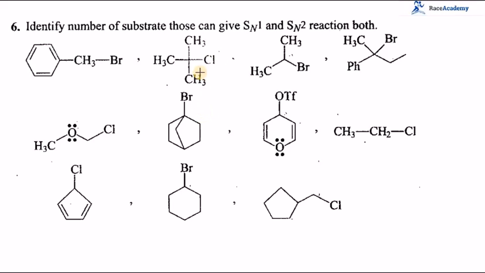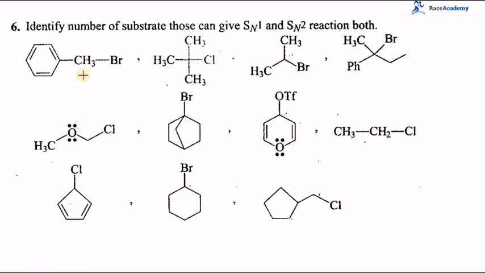See, SN1 is exclusively easily undergone by tertiary compounds, whereas SN2 is extensively undergone by primary alkyl halides. And moreover, some of the species which are having internal conjugation and all.